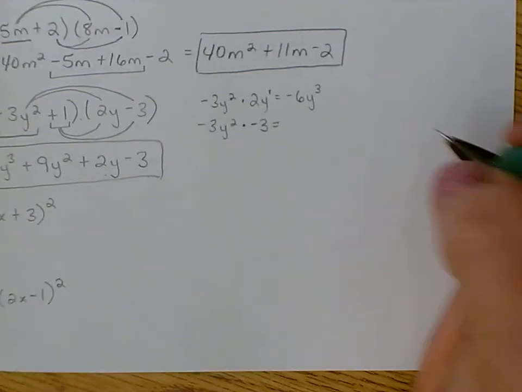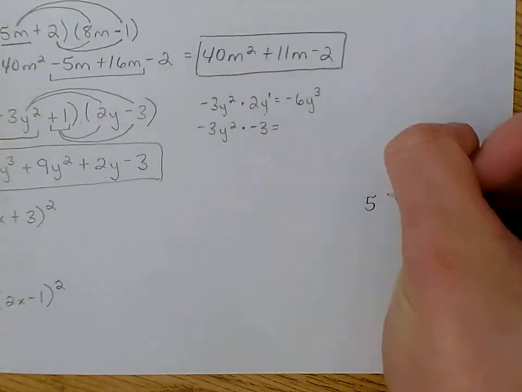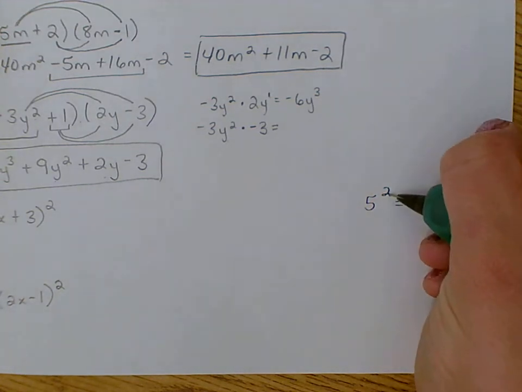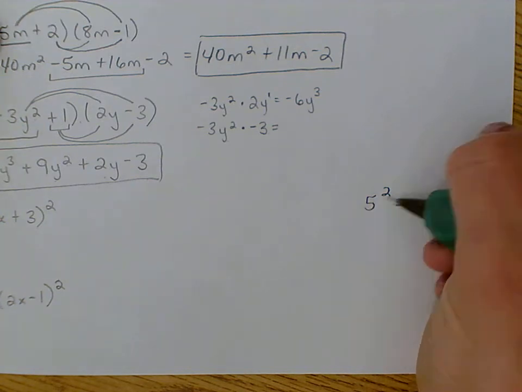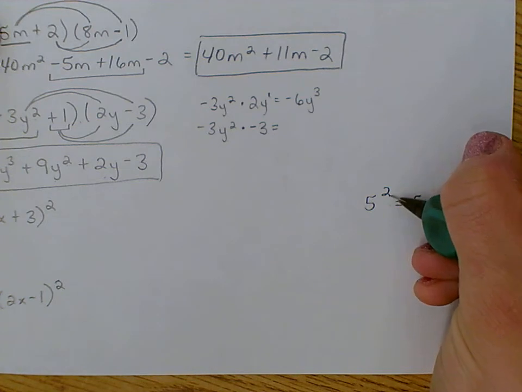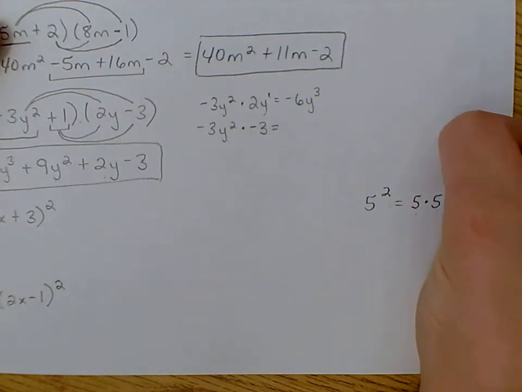For instance, if you had just a number squared, like 5 squared, what that actually is saying is how many times you take this times itself. So 5 squared would technically be 5 times itself 2 times, okay? So one way to do it is you could write it out times itself twice and then figure it out. So 5 times 5 would end up being 25.